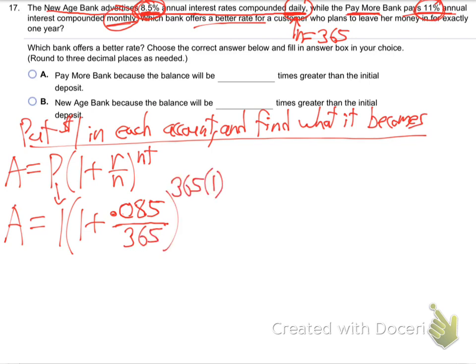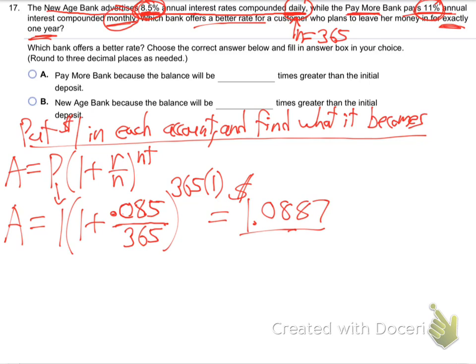And that's 1 year, because they said exactly 1 year. So hit the buttons on your calculator. I'm going to do it too. I'm getting 1.0887. So that means my $1 became $1.08. I guess it would round to $1.09. So that's what would happen in the first account.